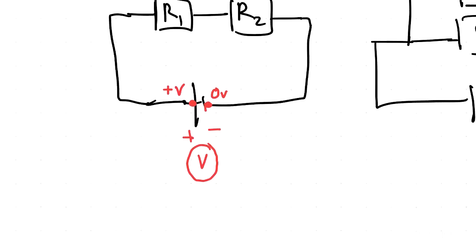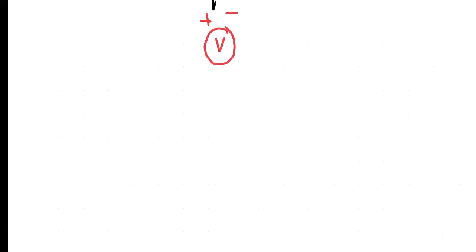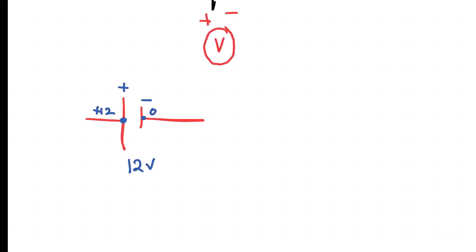If you apply numbers, let's say this is the power supply, and they have mentioned this is 12 volts. This is the positive end, this is the negative end. If I consider this to be positive 12 and this to be 0, now I can get the difference, right? The voltage gap is 12 minus 0, which gives 12 volts.